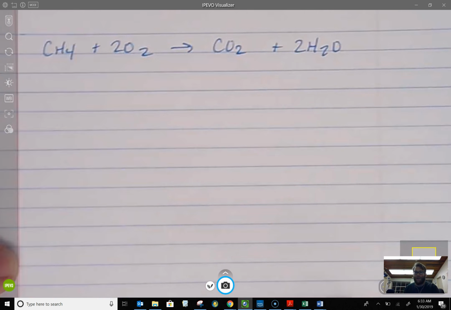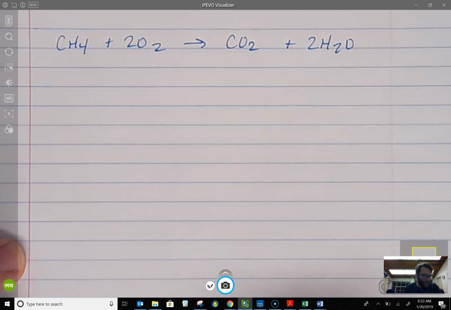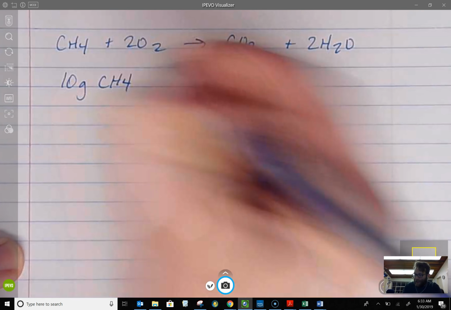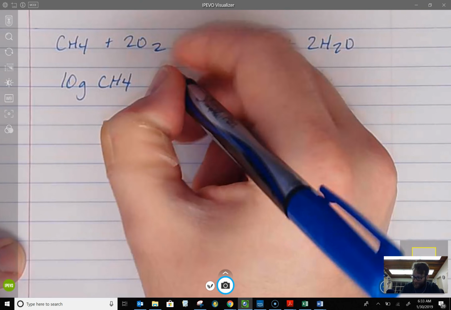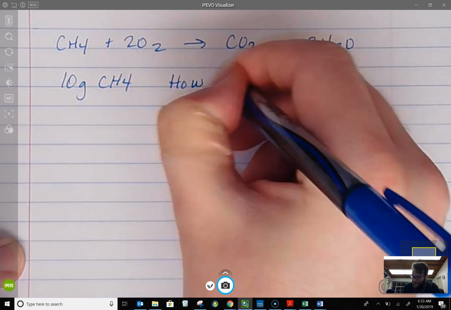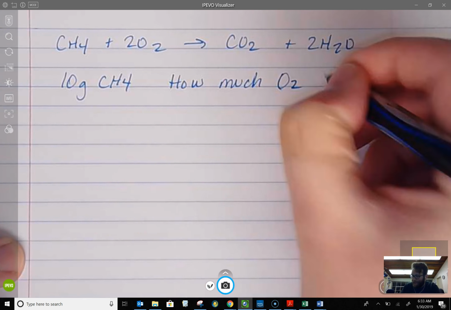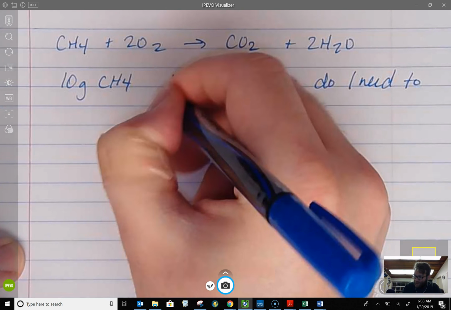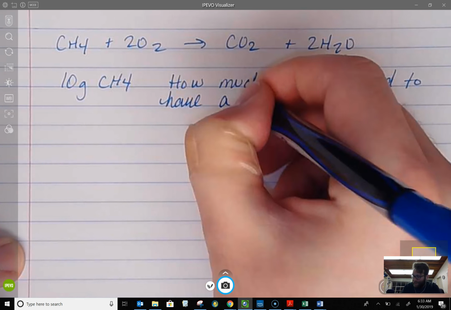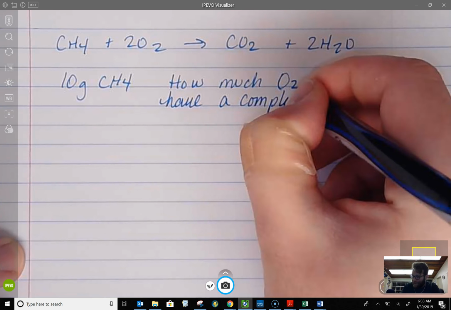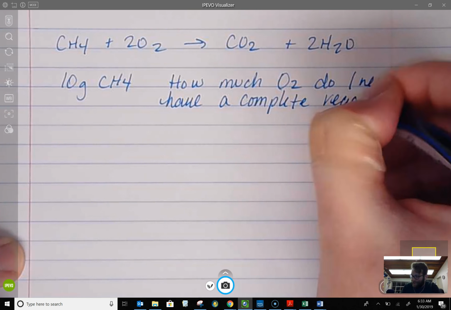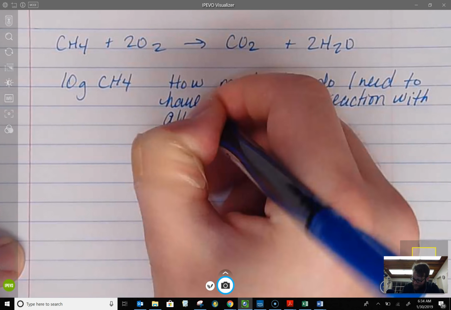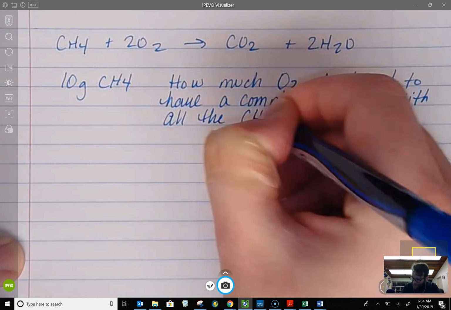All right, so let's say that I start out with 10 grams of CH4, and I want to know how much oxygen do I need to have a complete reaction with all the methane.